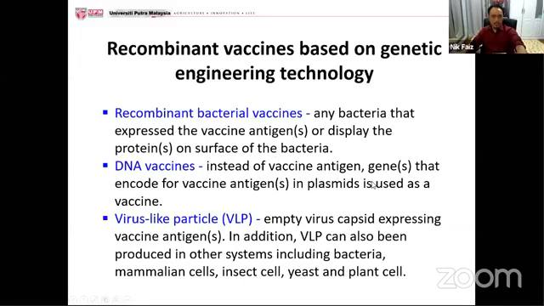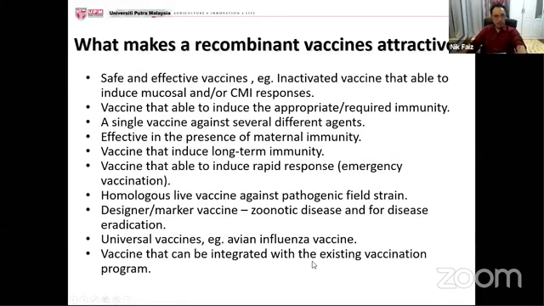And in the US, the first commercialized DNA vaccine was against H5N1 in chickens, which has been conditionally approved by the USDA, which means there are very strict usage conditions to use these vaccines, which target highly pathogenic H5 influenza. And the more recent one is the virus-like particles, using empty virus capsids and expressing vaccine antigens. This is soon to be available.